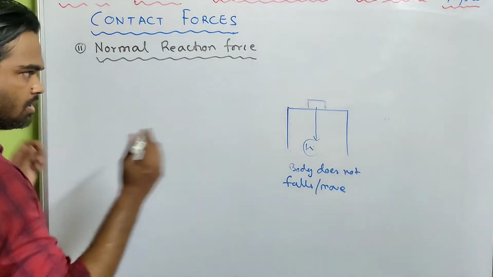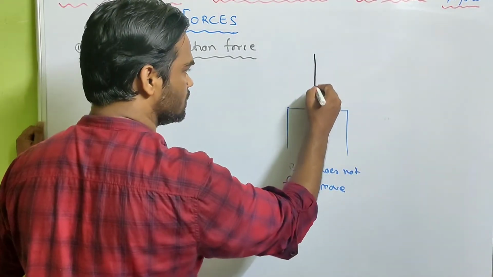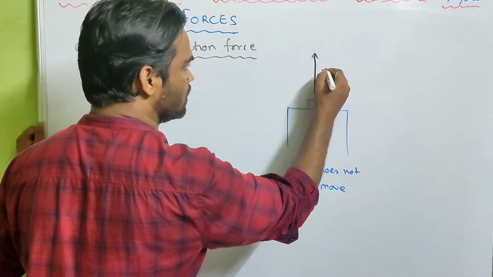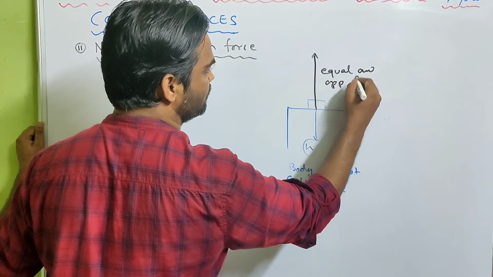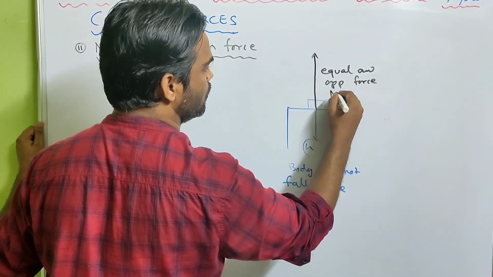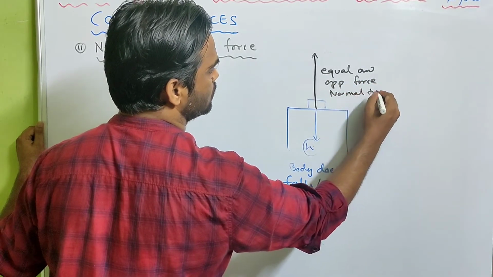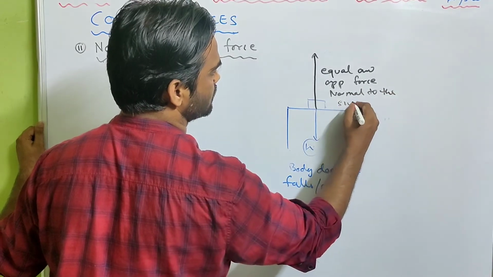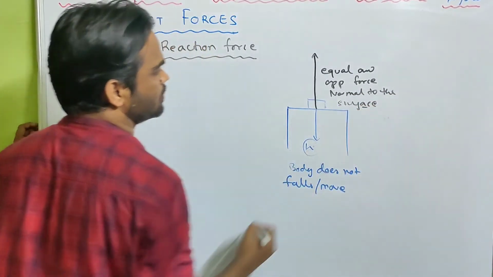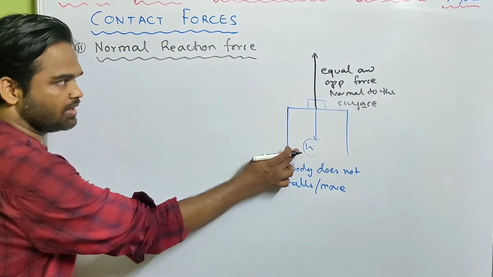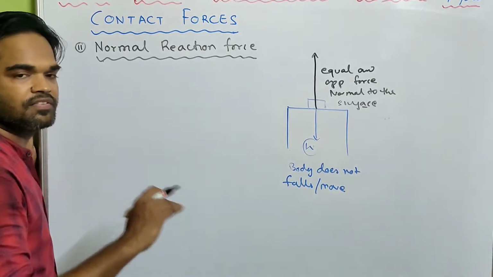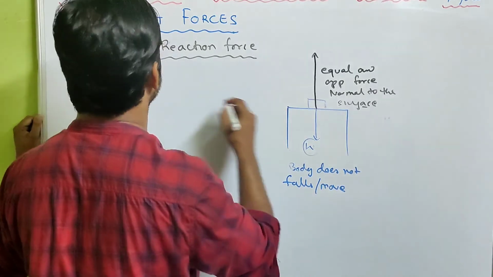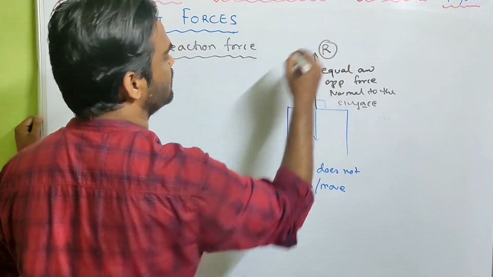Because there is an equal and opposite force normal to the surface. This weight is balanced by an equal and opposite force normal to the surface. That is known as my normal reaction force.